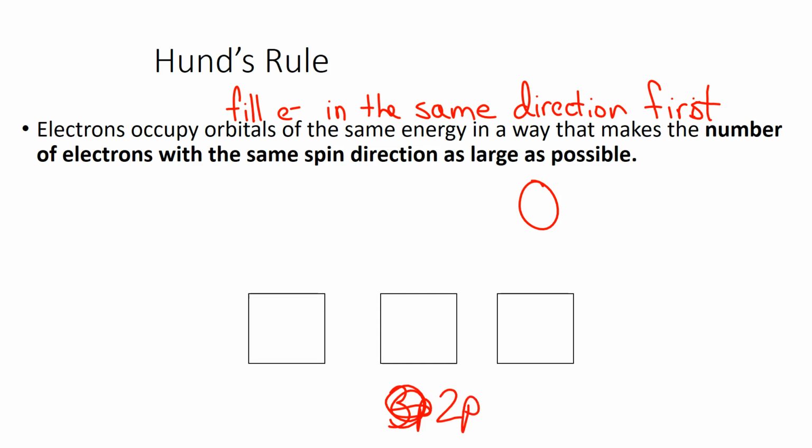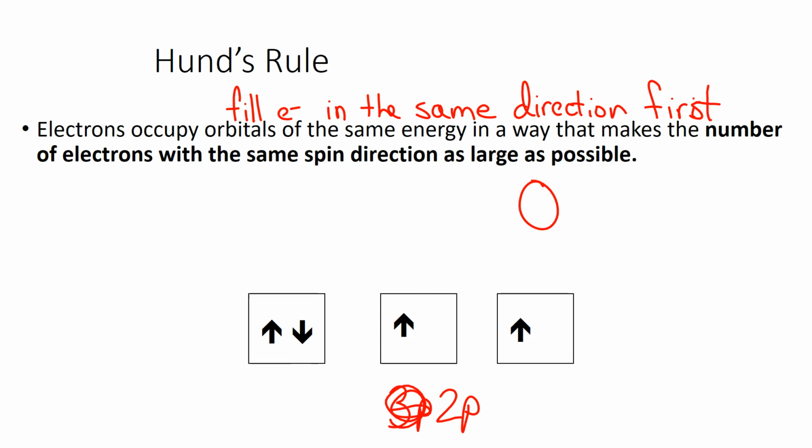How far is oxygen into the P? 4. So that means I need 4 electrons. So 2, 3. Where am I going to put the 4th electron? Down in the first one. Theoretically, it doesn't matter if I put the down here, here, or here. I just have to only have one down, and that has to be the 4th one I fill.